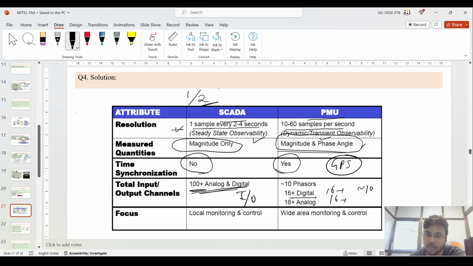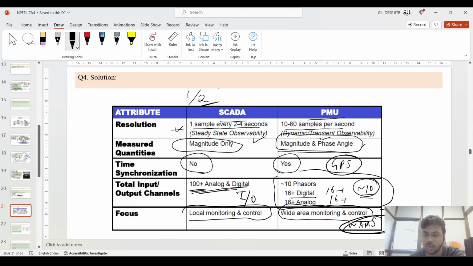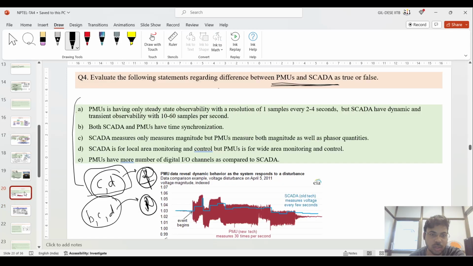But in the PMUs, you have 16 plus digital IOs and 16 plus analog and nearly 10 phasors. So it has fewer IOs, but the complex functionality is there. And SCADA's focus is local monitoring and control, but PMUs have wide area monitoring, for which they are used in the wide area monitoring system.